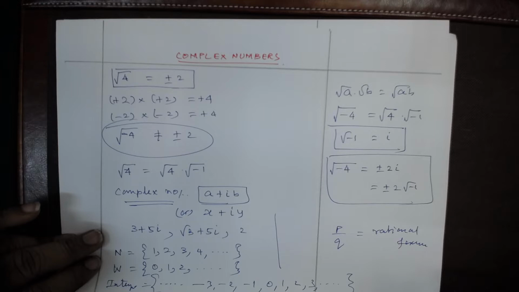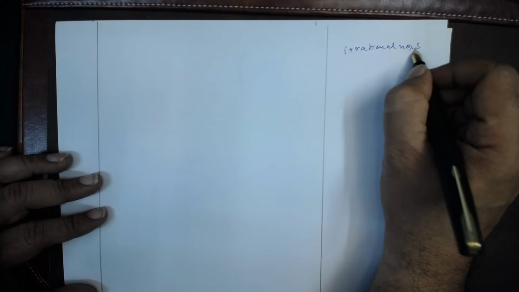So when we talk about rational numbers, you should be aware of irrational numbers also. So what do you mean by irrational number?